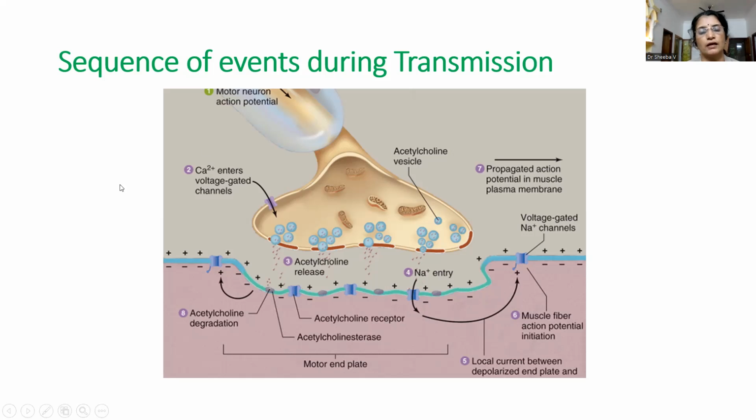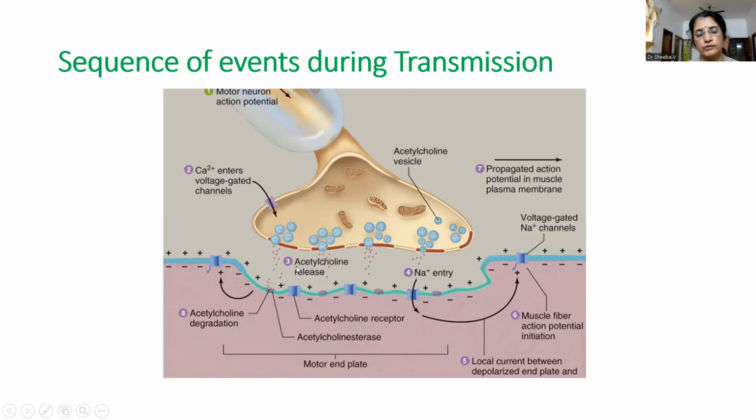First, the action potential on the presynaptic terminal causes the opening of the voltage gated calcium channel. Calcium influx occurs. This calcium in turn causes the excitation of the synaptic vesicle and release of acetylcholine into the synaptic cleft.